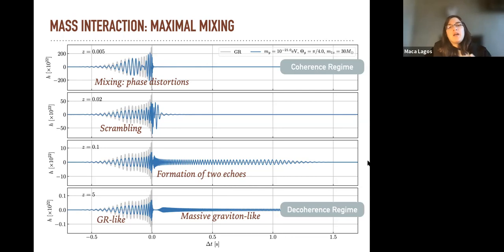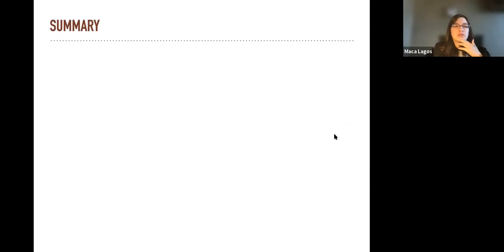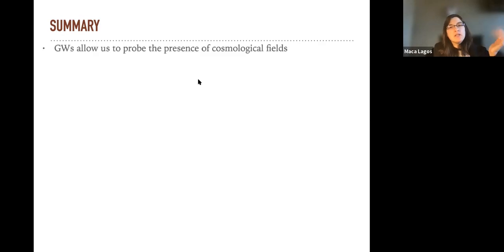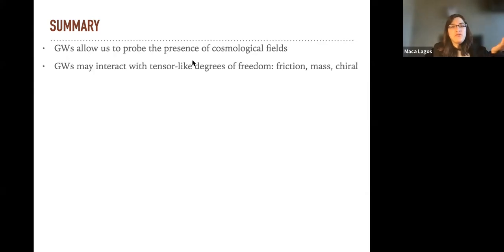Because of time, I cannot show you the other examples that we have been working on, which is what if you have friction mixings and this chirality or polarization dependent mixings. But let me just summarize in general the message of this talk. So gravitational waves allow us to probe the presence of additional fields.